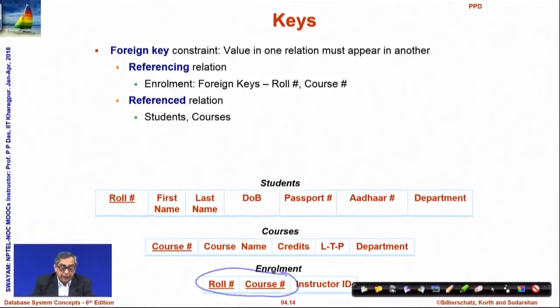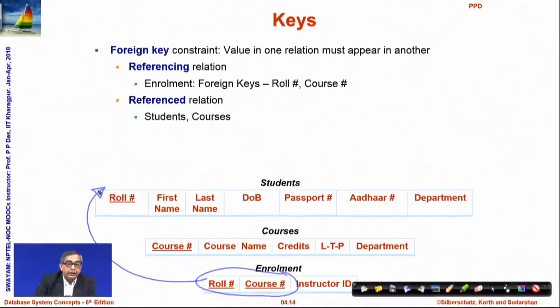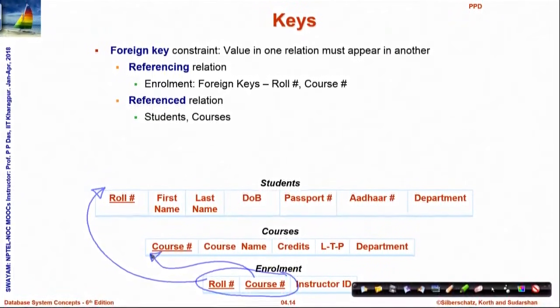Now, such a key has the roll number, which is itself a key of another relation, and the course number, which is itself a key of another relation. So, when we take the keys of other relations to form the key of a relation, then we say that these are foreign keys. So, roll number and course number are foreign keys referring to student and course.